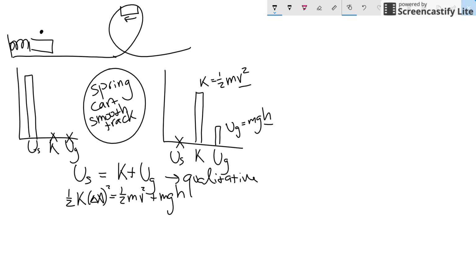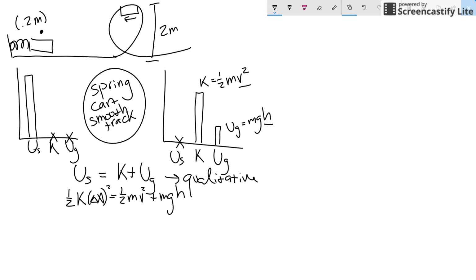Now we need to solve. I haven't brought any values to the table yet, but let's go ahead and assign some values. Let's say that the top of the loop here, this is going to be 2 meters. Let's say that the spring was compressed by 0.2 meters.